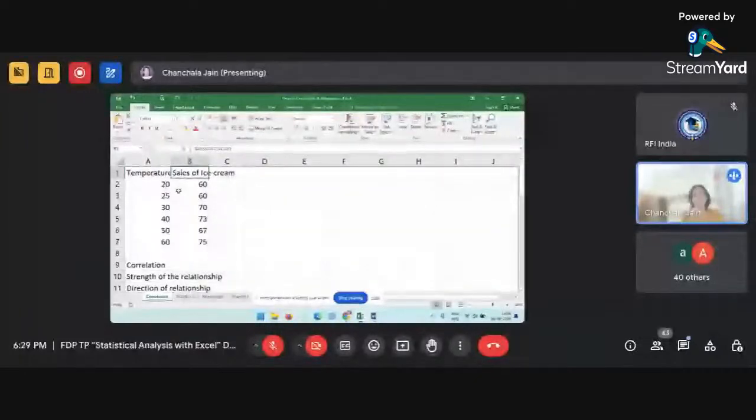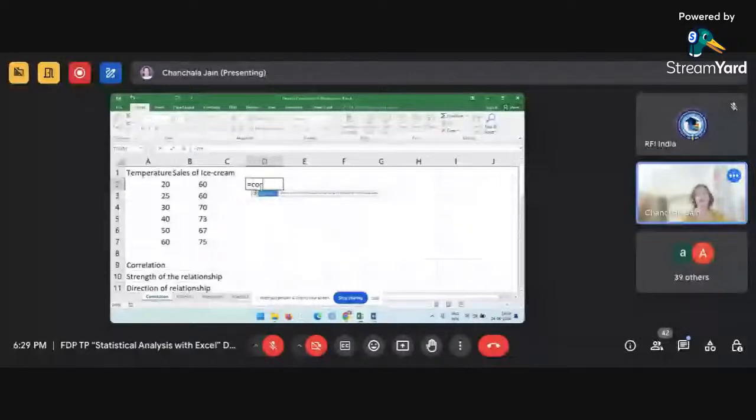There are two ways to get the value of correlation in Excel. First, write the equal sign and use the function CORREL. You can see it is asking you to provide the array. The first array is the first variable range, put a comma and provide the range of your second variable.